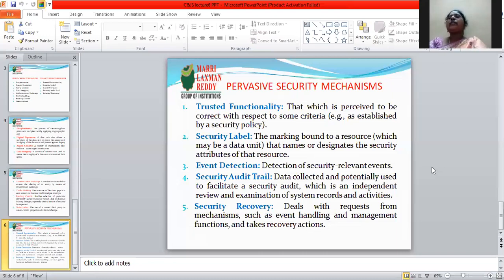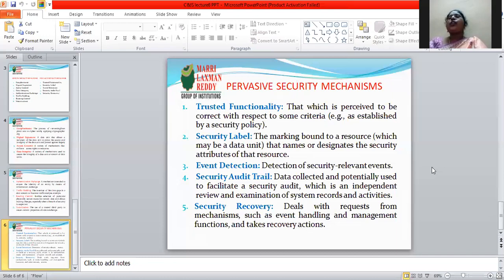Audit is nothing but verification. These records are verified. That is security audit trail.